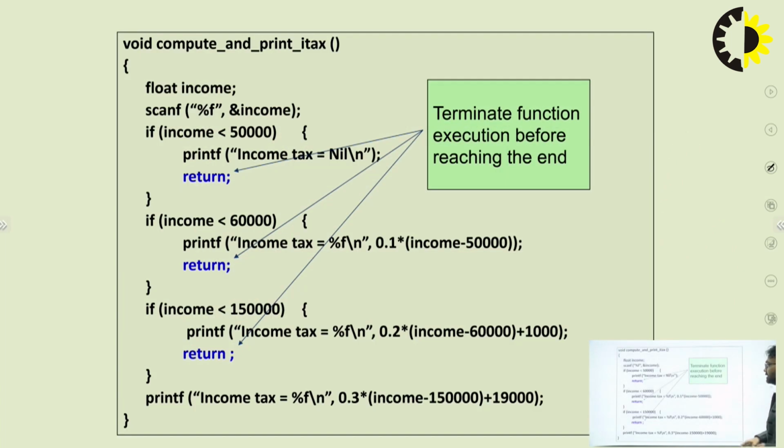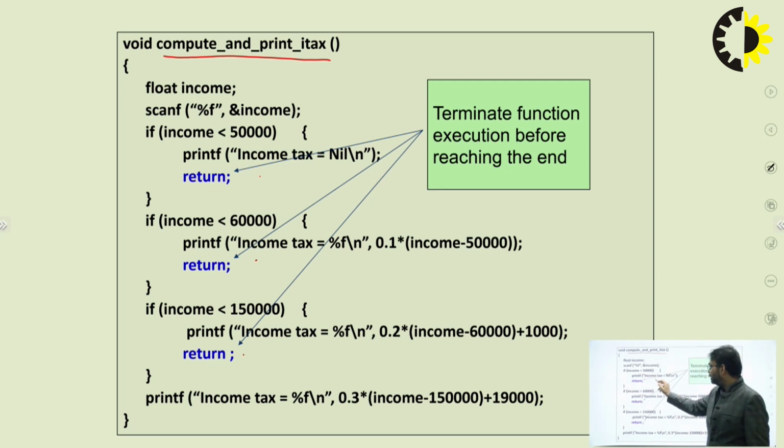So for example, suppose we have a function compute and print income tax. We have multiple returns. So we can have multiple return statements. If income is less than 50,000, then income tax will be null and return. If income is less than 60,000, income tax will be this, and we return.